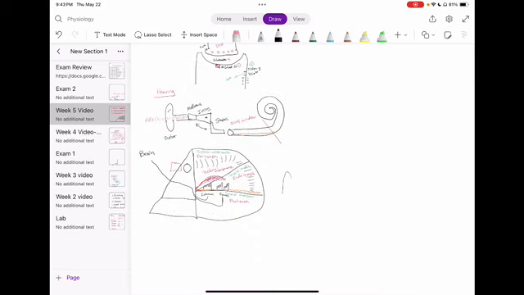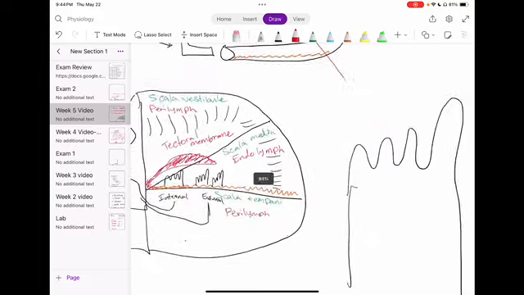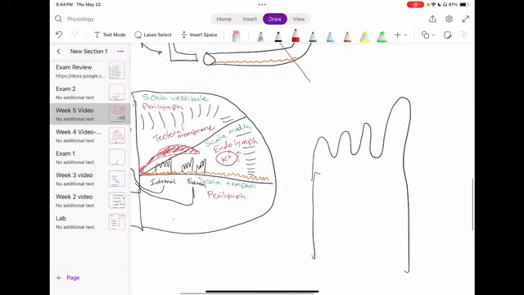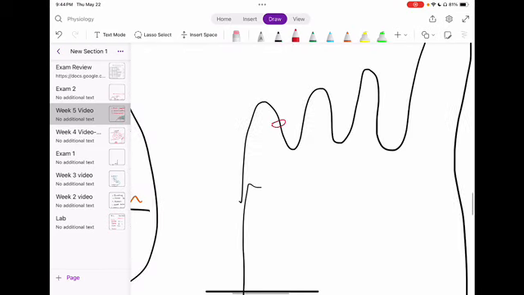So I'm going to draw one of these hair cells. Something that's important about the scala media and the endolymph is that it is high in potassium. These structures are like this. They have these gated potassium channels on this connecting rod, and they're closed.